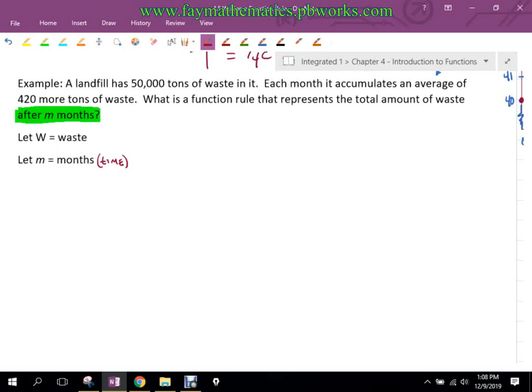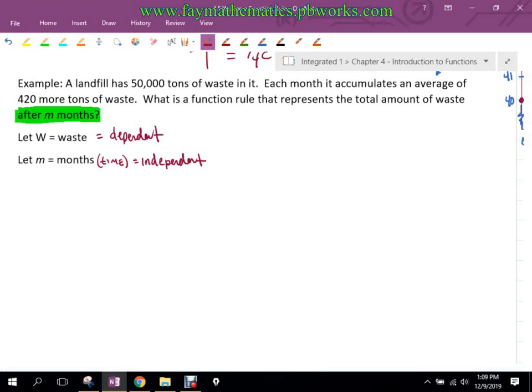That's what I was kind of looking for, saying that we can't stop it, can't slow it down, speed it up. Nothing impacts time. So when you see problems that incorporate time as one of your variables, you automatically know that that has to be your independent variable. That means waste is your dependent variable.